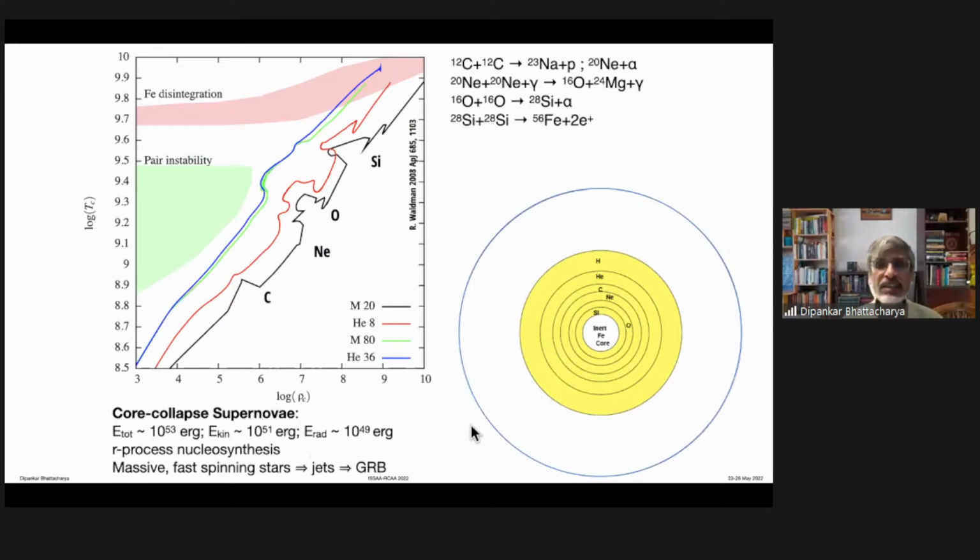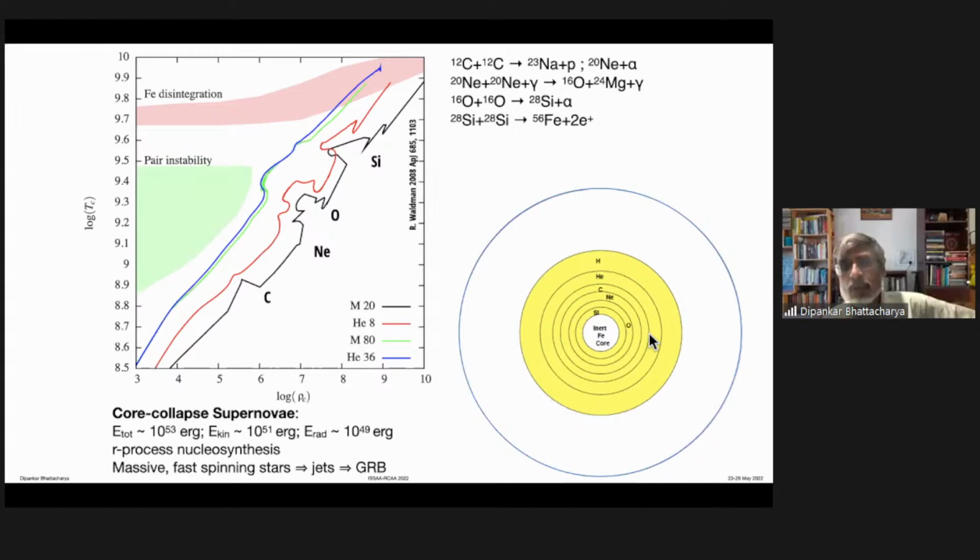Now, in this stage, if the central mass exceeded the Chandrasekhar limit by a significant amount, and then more and more mass got added because of fallback from the mantle of the star, it is possible to exceed the upper mass limit of neutron stars in the process.